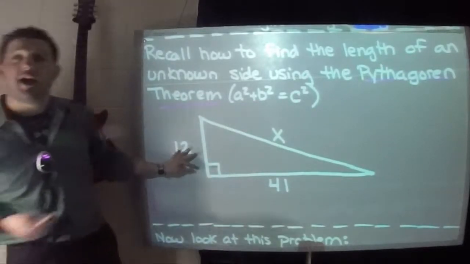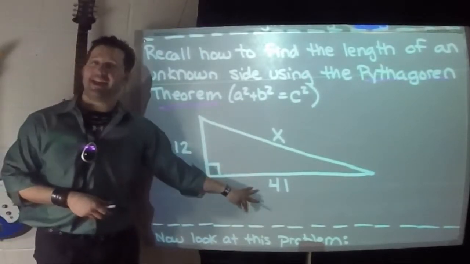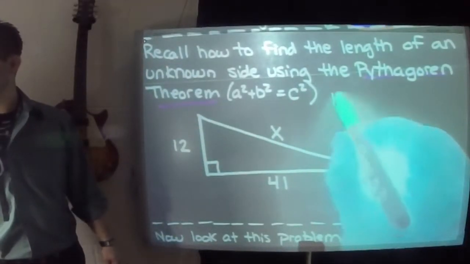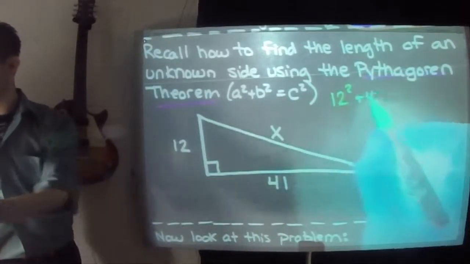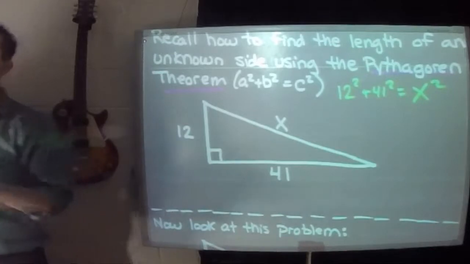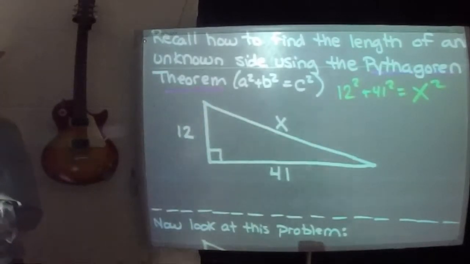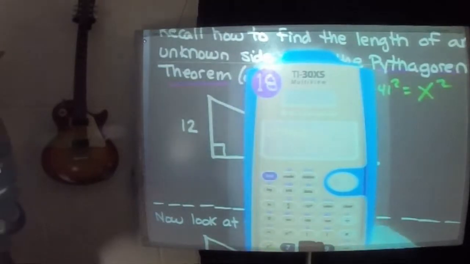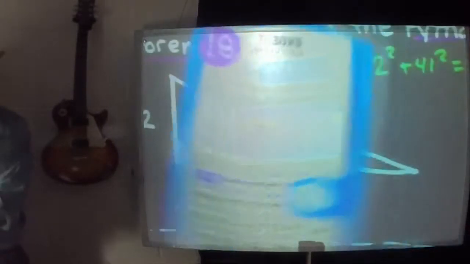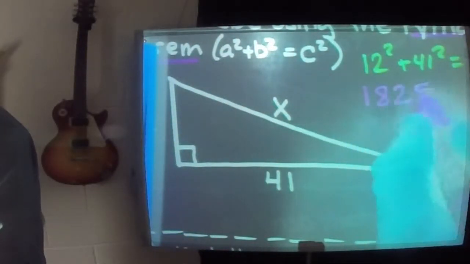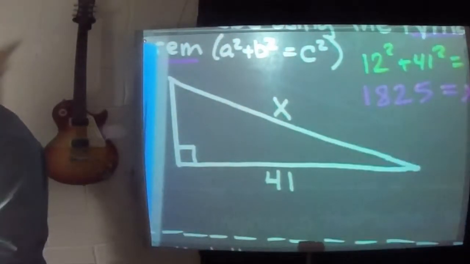So you have your triangle, you have both legs, so how would we set this up in our equation? 12 squared plus 41 squared equals x squared, or c squared, either one. 12 squared plus 41 squared equals 1825. 1825 equals x squared.